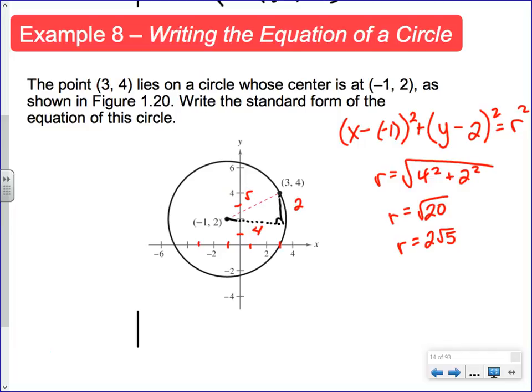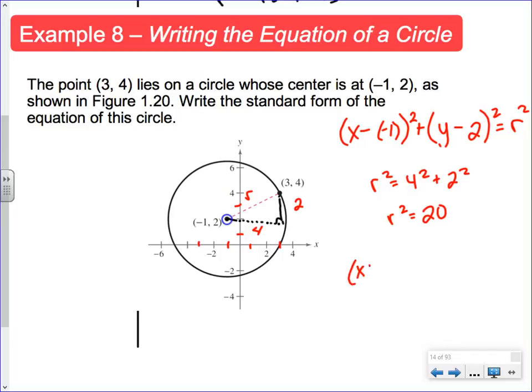Is there a formula for r squared? Which would have actually worked out if we'd done it the other way as well. Just would have taken a little more work. What's r squared? You don't need the square root. You're just plugging it in. But either way, if you had had root 20, you could have squared it when you plugged it in.